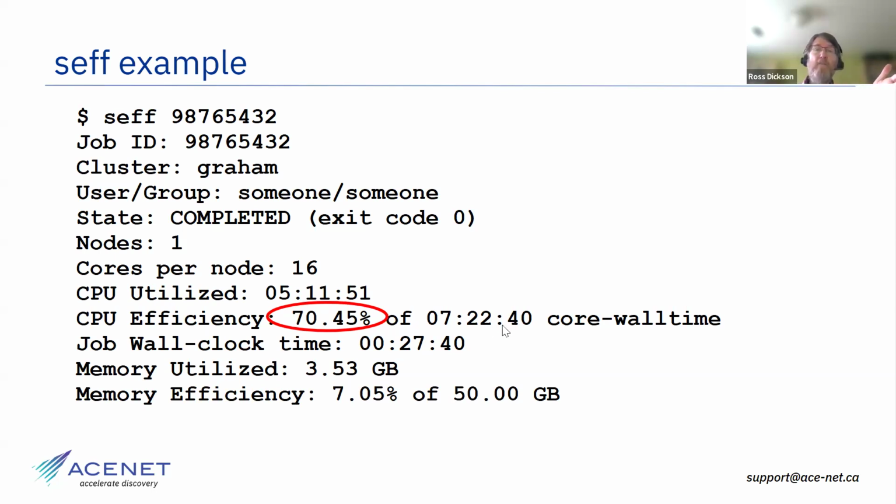So that's the maximum CPU time you could possibly have used. It actually booked 5 hours and 11 minutes, and that's 70.45%. So that's your CPU efficiency. That's not bad. It's certainly using way more than one of those 16 cores.